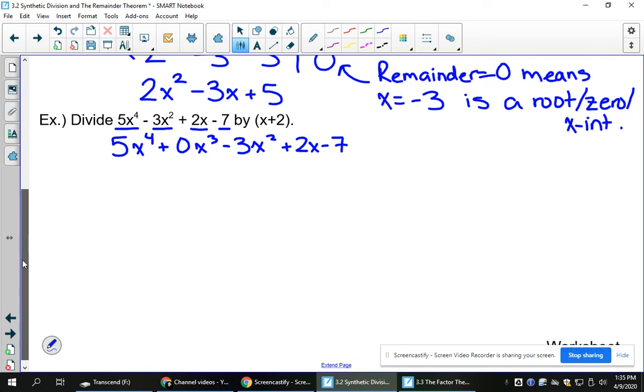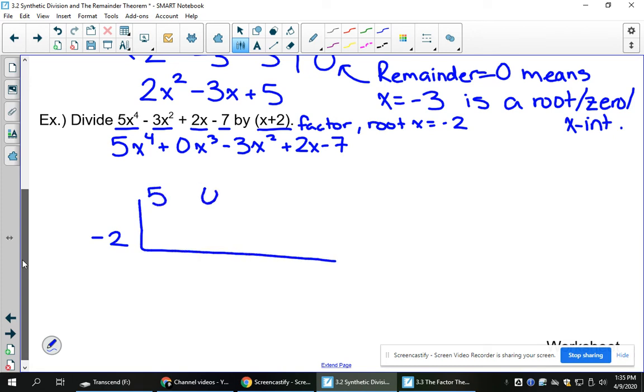If you don't put a 0 in that place, this won't work. So we're dividing by the factor of x plus 2, which means the root is -2. Set up your synthetic division. This is where the 0 is very important.